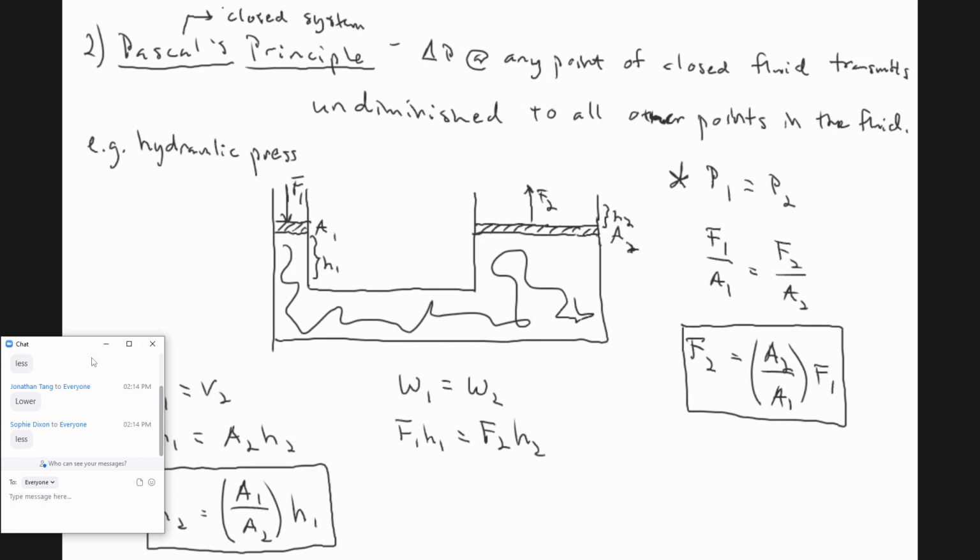You have your change in pressure being the same. Since liquids are relatively incompressible, the amount of volume change is the same, and the amount of work done on that liquid is the same when you compare different points along the system, okay? So one is when it's open, the other one is when it's closed in your system.